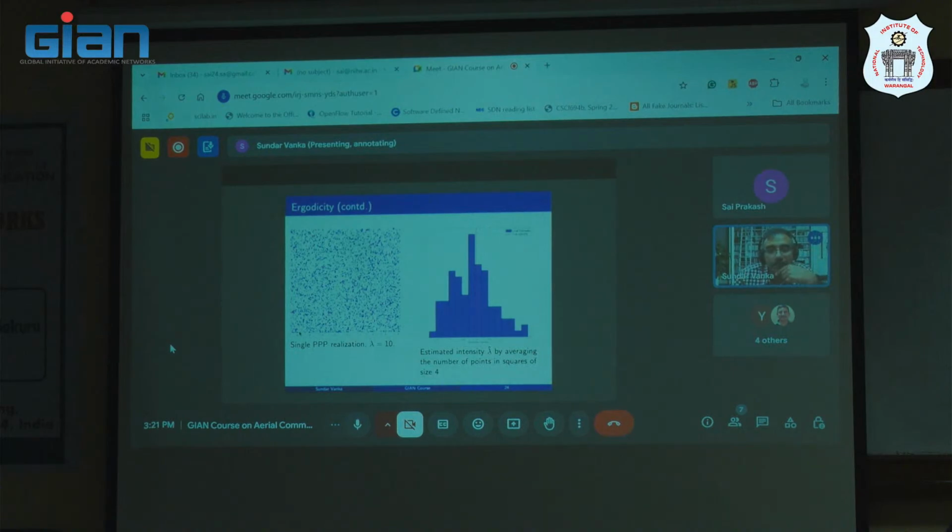So what is happening is, in a subtle way, the process is exhibiting the properties of all the processes in one single realization. That is why you're able to do all this averaging and come to the expectation without taking more realizations of the point process. This is almost natural, like even in a class, if we conduct an exam, the average will pick up.